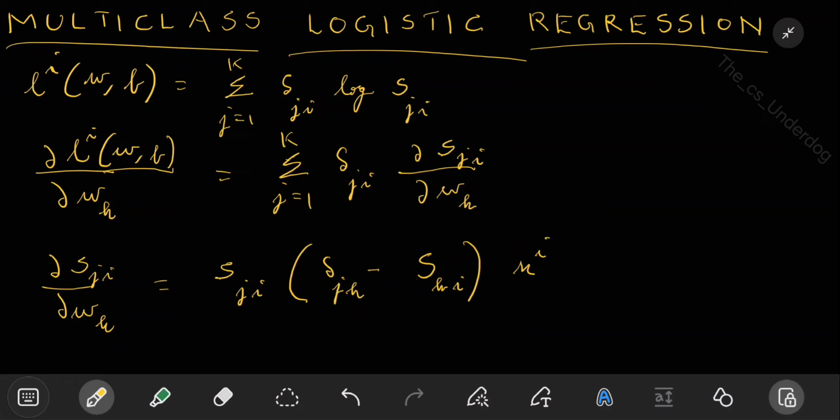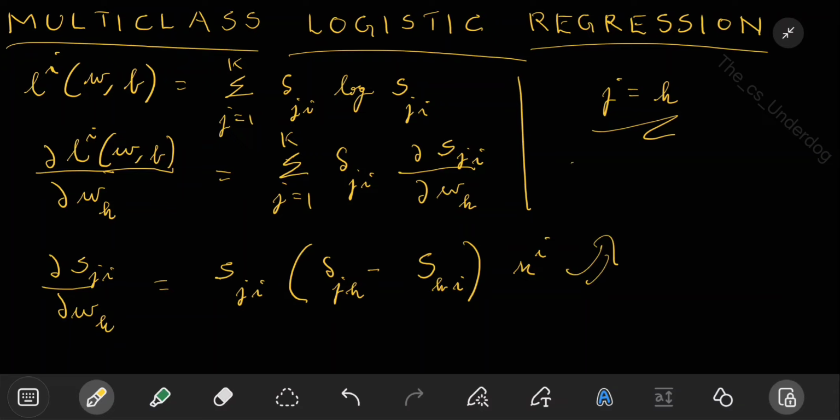So how can you understand this function? Here this term, delta jk, will take the value 1 if j and k are one and the same, and it will take the value 0 in case j is not equal to k. So in case j is equal to k, what will this become?